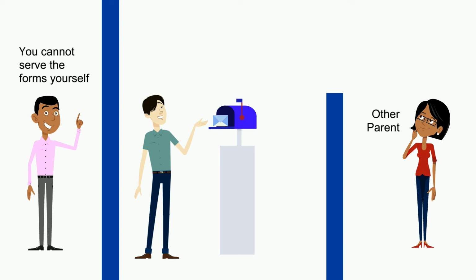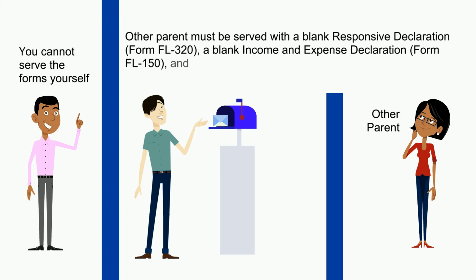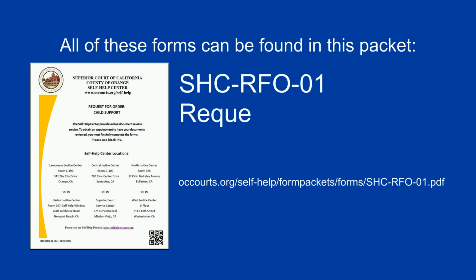The other parent also needs to be served with a blank responsive declaration, Form FL-320, a blank income and expense declaration, Form FL-150, and a blank proof of service by mail, Form FL-335. All these forms can be found in this packet, SHC-RFO-01.